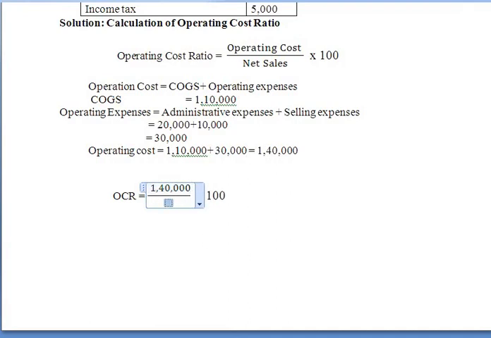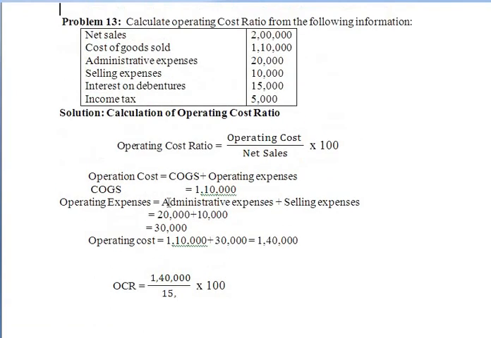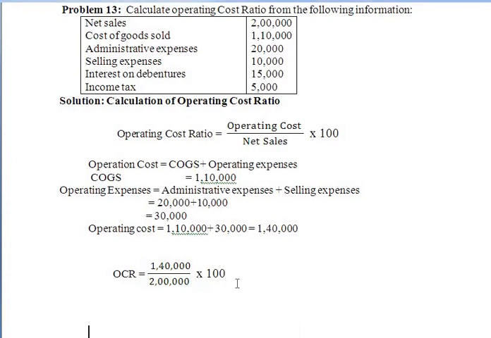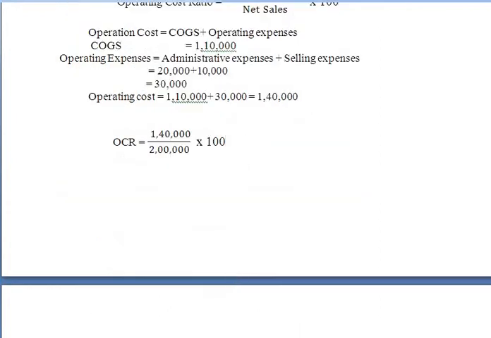Sorry, not 15 lakh, it is 2 lakh, as given in the problem. So 1,40,000 divided by 2 lakh into 100 is 70%.